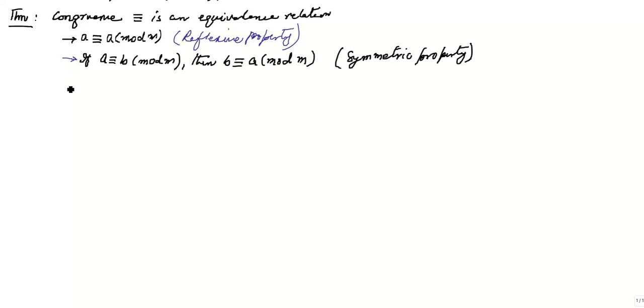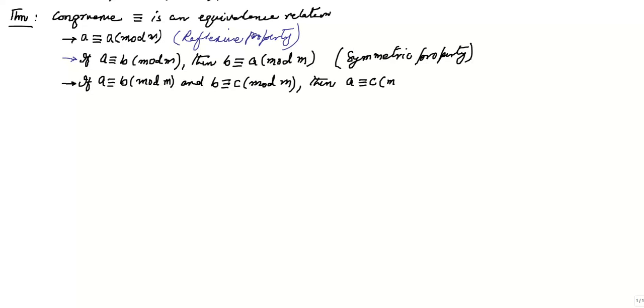Okay. The third one is, if A is congruent to B modulo M and B is congruent to C modulo M, then A is congruent to C modulo M. And this property is called transitive property.